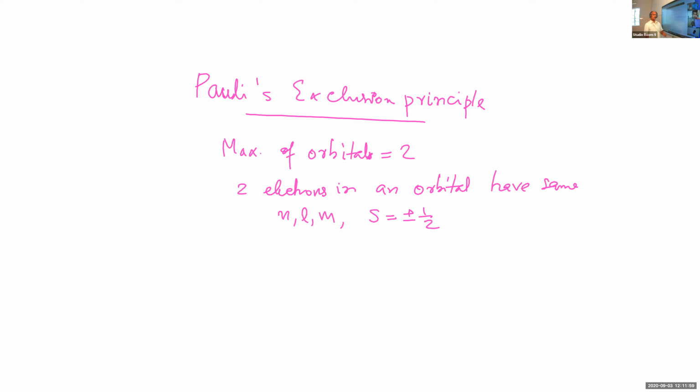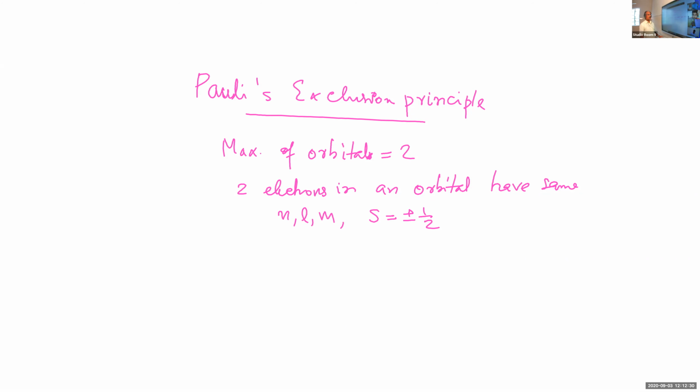So the two electrons in an orbital have the same set of n, l and m values, but their spin quantum numbers will be different. One will have plus half, clockwise spin, the other has minus half, anti-clockwise spin. So we can distinguish the 2 electrons present in an orbital.